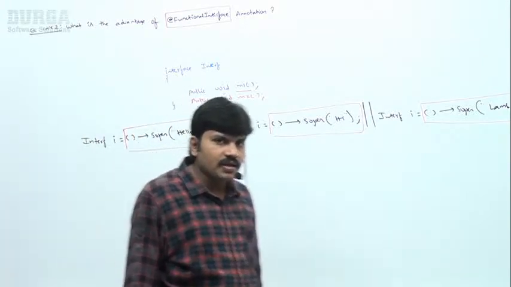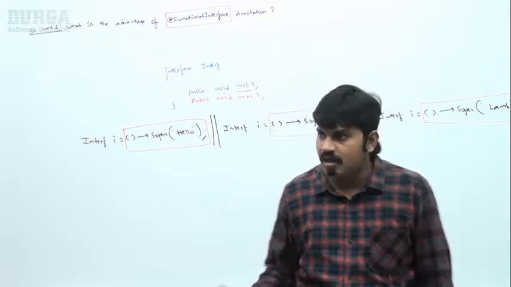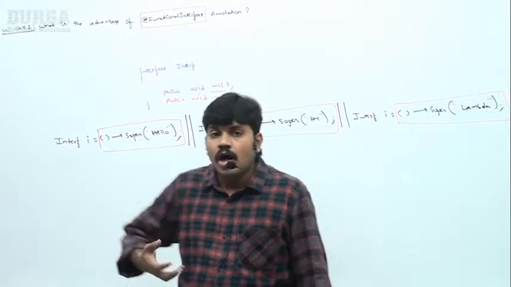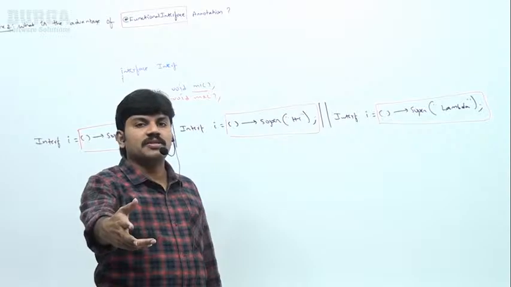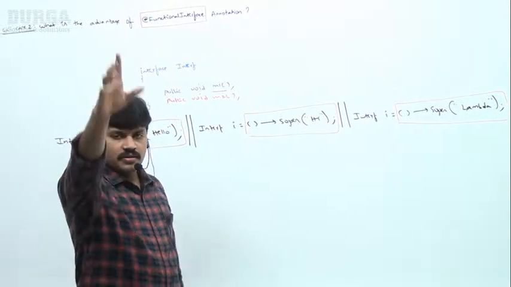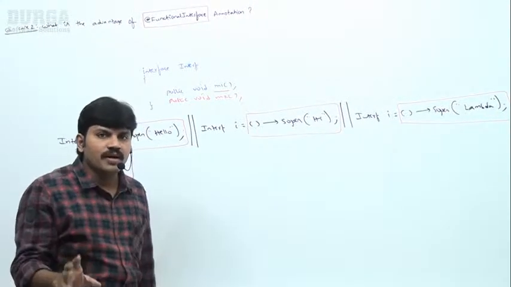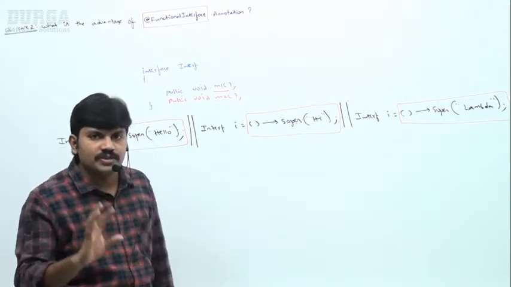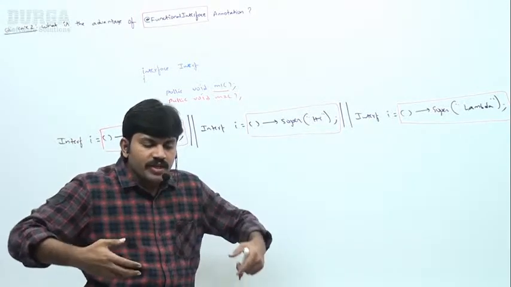Immediately we are going to get incompatible types like that. Is it correct or not? How can I specify explicitly, boss, that this interface is used for lambda expressions, so don't add any new abstract methods? I want to specify it explicitly.